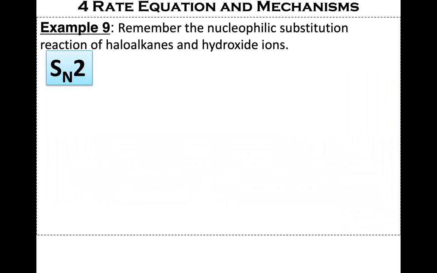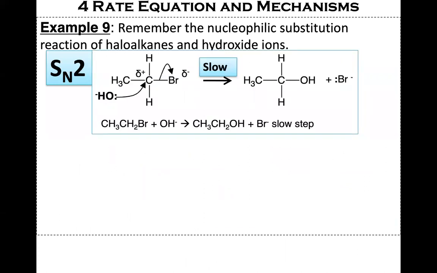The second one, SN2, again, it's nucleophilic, N, substitution, S. 2 means there are two species, not molecules, two species that appear in the slow rate determining step. If you look at this, you have the halogenoalkane, that's one species, and then you also have the hydroxide ion, that's the other species.